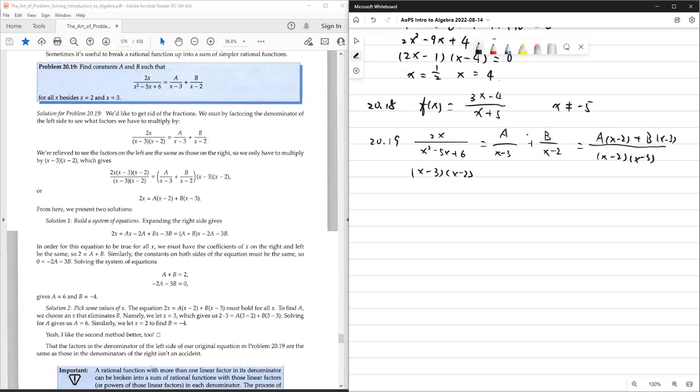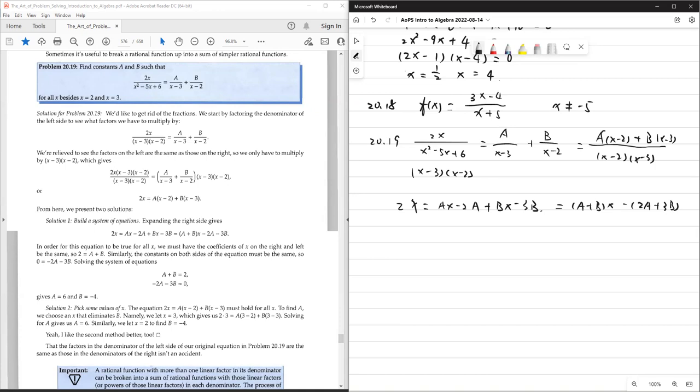Now the bottom is the same. So what we can solve is 2x equals ax minus 2a plus bx minus 3b. So this will be (a plus b)x minus 2a plus 3b. Make sense?